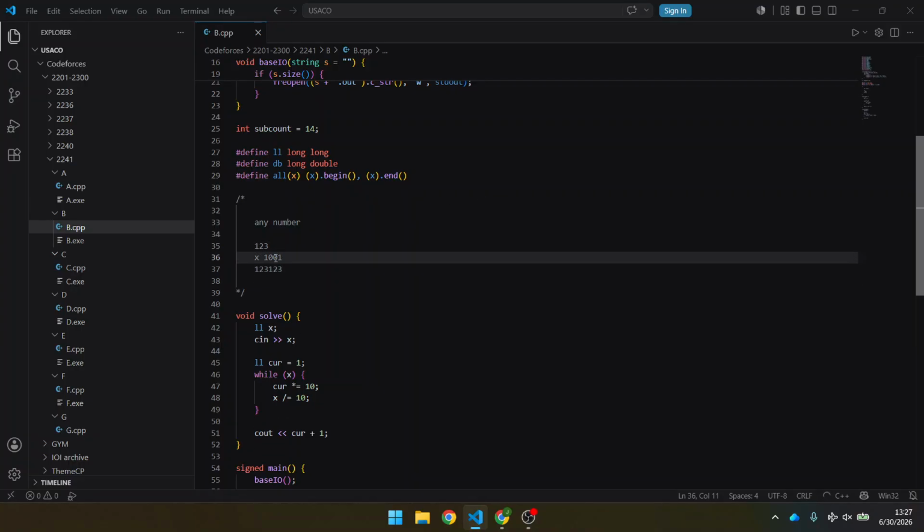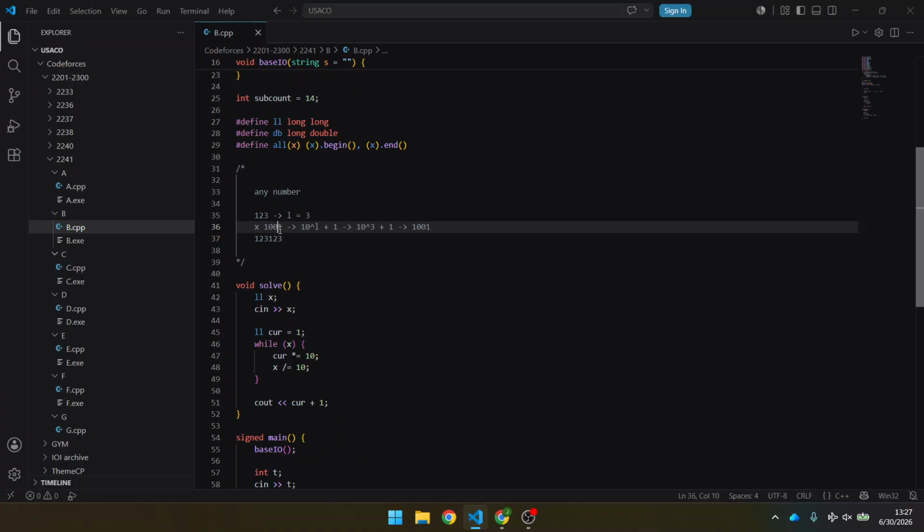So basically, you find the length of this number, L equals 3, and then you do 10 to the Lth power plus 1. Over here it will just be 10 to the third power plus 1, which is 1001.